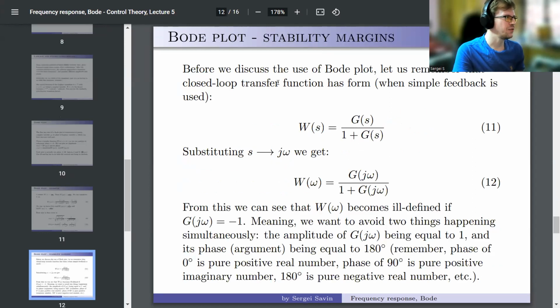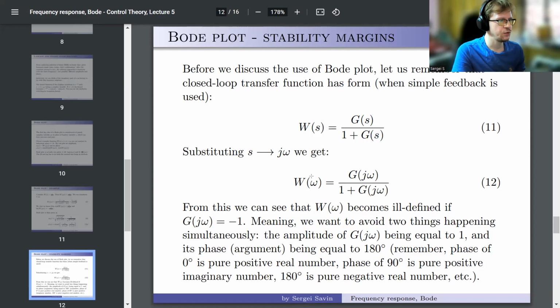Right. So before we discuss how to analyze a Bode plot, let me remind you of the last slides of the last lecture. Remember the closed loop transfer function when the feedback law is very simple. In fact, when it is identity, it would look something like this. Now we can do Bode plot analysis on it.